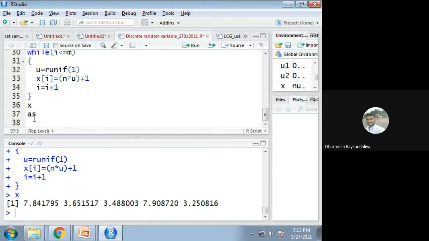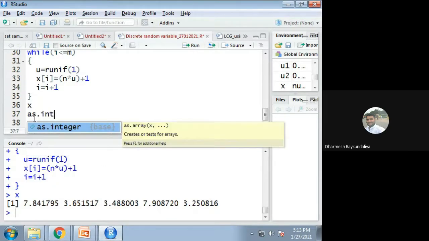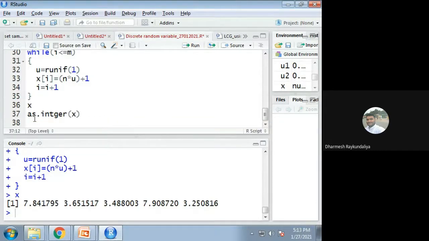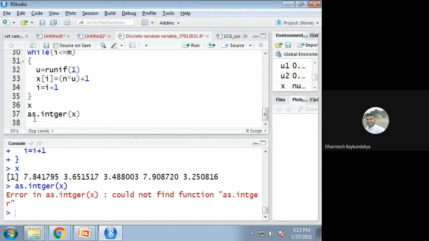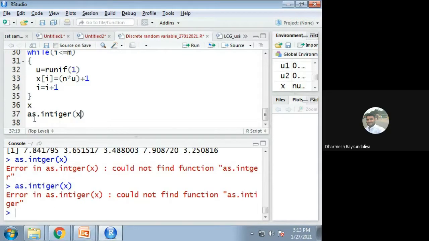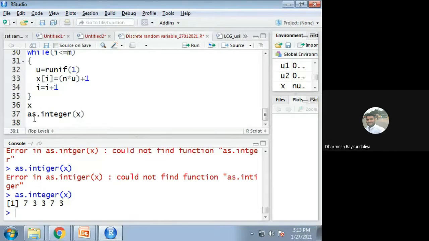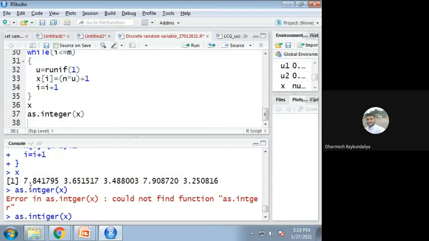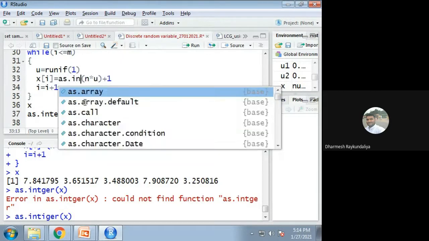If I write as.integer of x, it takes the largest integer which is less than or equal to this quantity. That is how we have to give as.integer here.